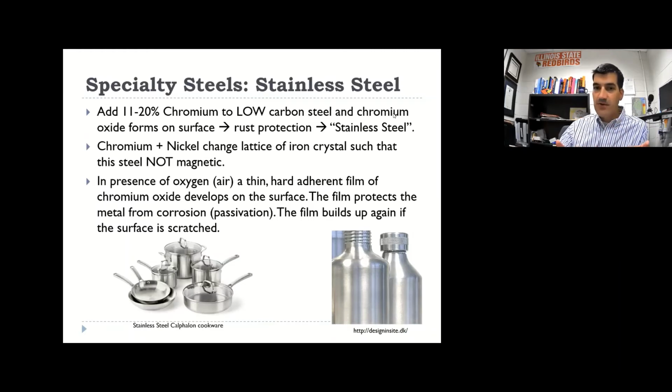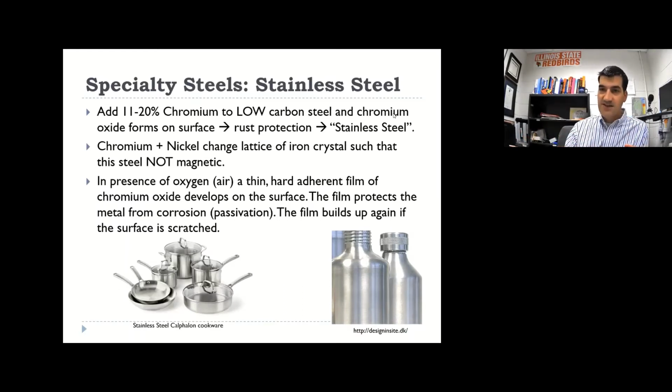What's important about chromium is that chromium, and also the nickel that's embedded in it, form a substance called chromium oxide. So the chromium interacts with the oxygen in the environment. It forms chromium oxide, and the important thing about chromium oxide is that it does not peel away. It doesn't disintegrate or fall away from the lattice structure.